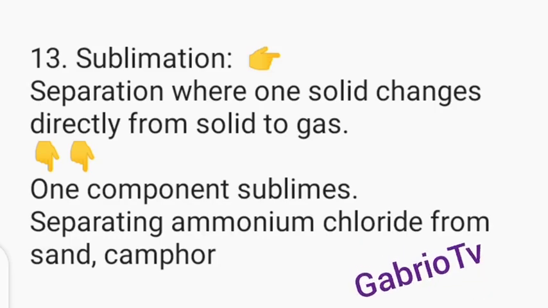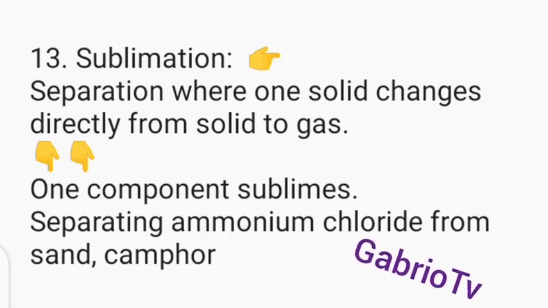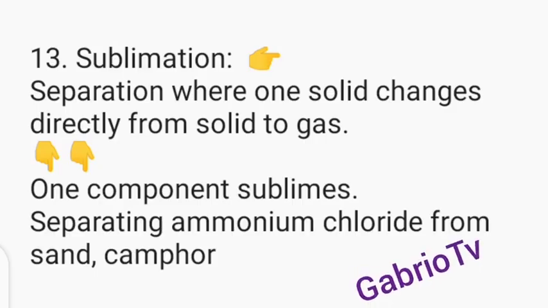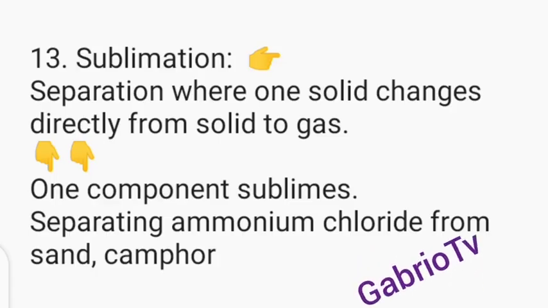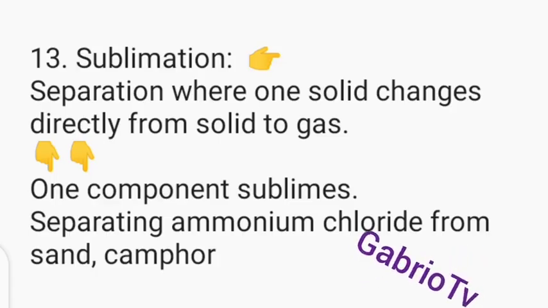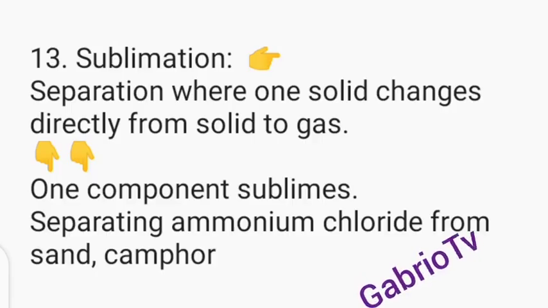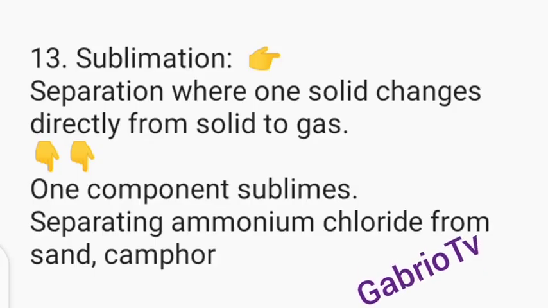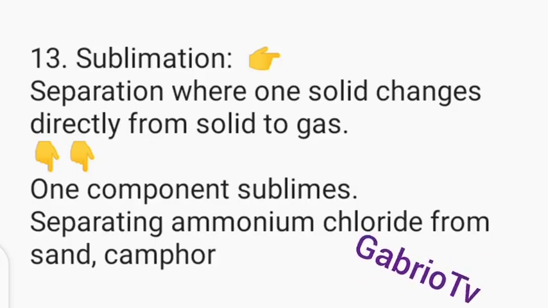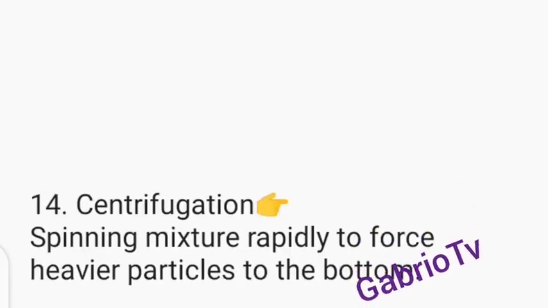I tell my students, camphor is a solid, but if you put it down, after many days you will probably not see it again. It will be reducing in size, and you will smell it. So it's not passing through any liquid state. The camphor is converting directly from solid to gas. So that is sublimation.